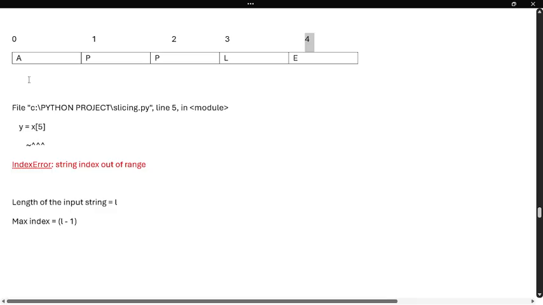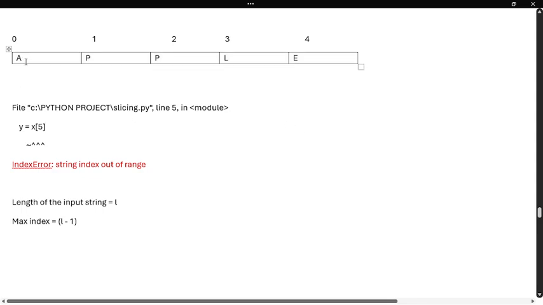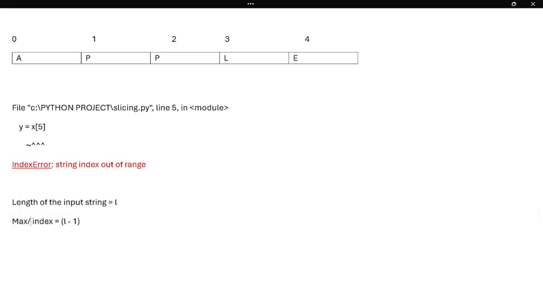What is the length of this particular string that we are going to split? That is 1, 2, 3, 4, and 5. 5. So what will be the last index, or max index?